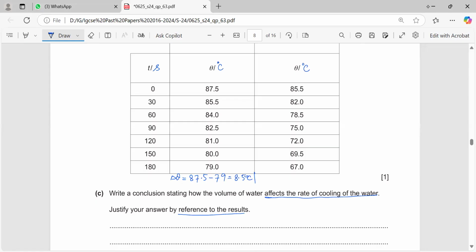And when the volume is small, delta theta is 85.5 minus 67, which equals 18.5 degrees Celsius. So what can we observe? That rate of cooling is inversely proportional to the volume of water.